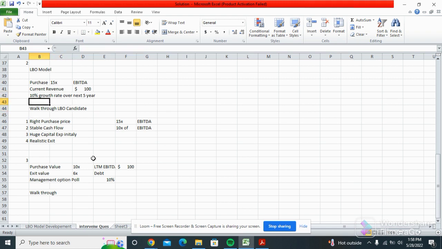And secondly, if the purchase price is less than the exit multiple after the end of this investment or LBO development. So this is basically all the things which I have mentioned in this walkthrough.